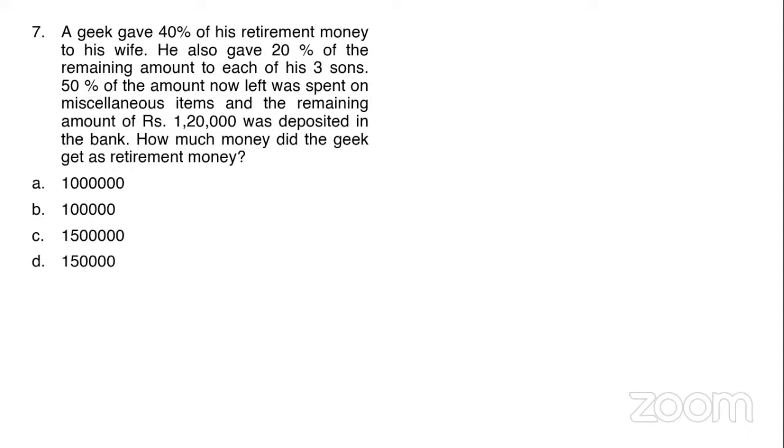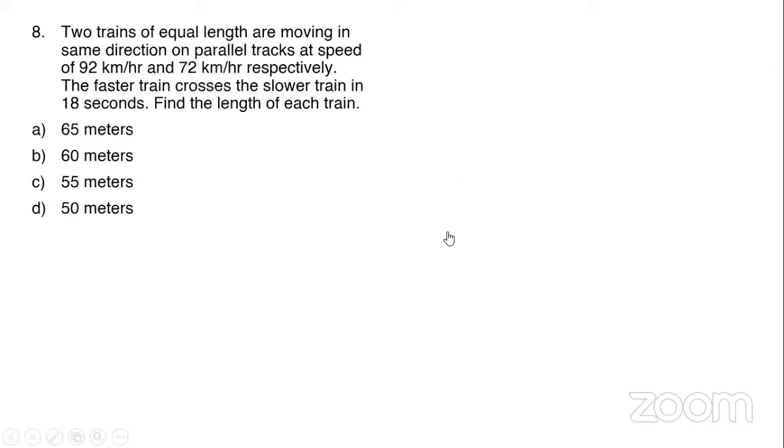The last step is, we assumed the retirement money as 100 R at the beginning. So we found R, and the retirement money will be 100 R, so into 100, we just did that. That's it. Okay, do this question.